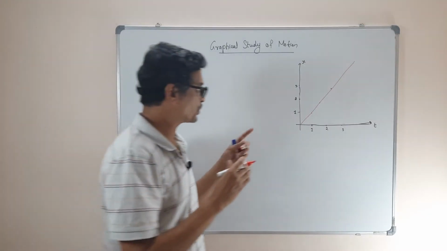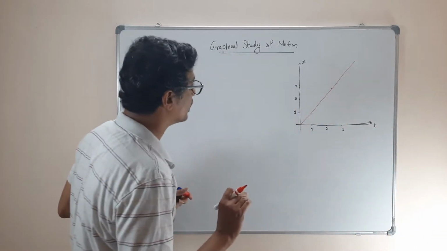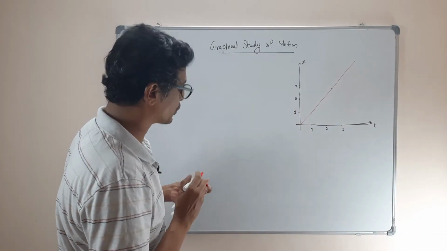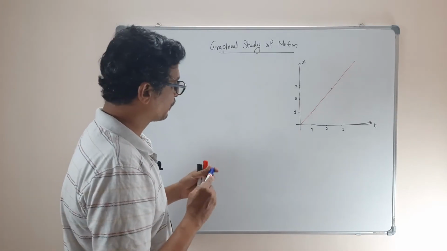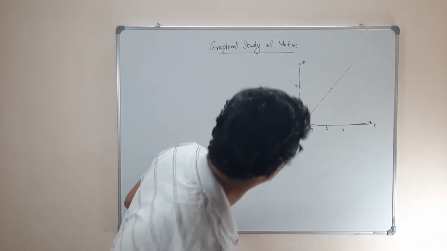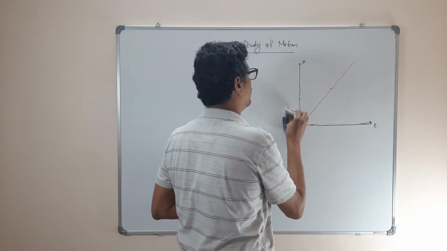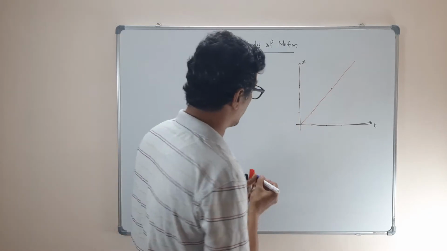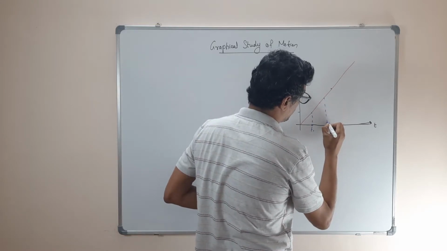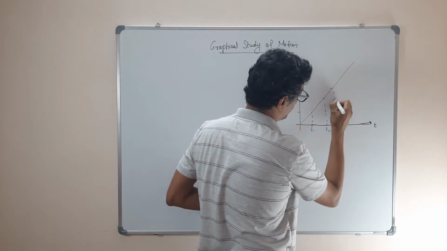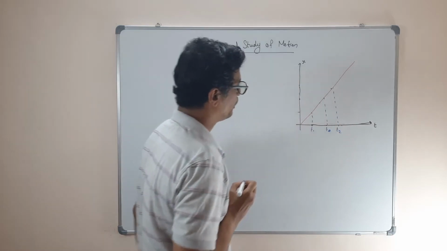So for uniform motion, let us try to do what we saw, instantaneous velocity and average velocity, for this. Let us take 2 times. I am going to remove this 1, 2, 3. Then we will have 3 different points. Let these be T1, T0, and T2.